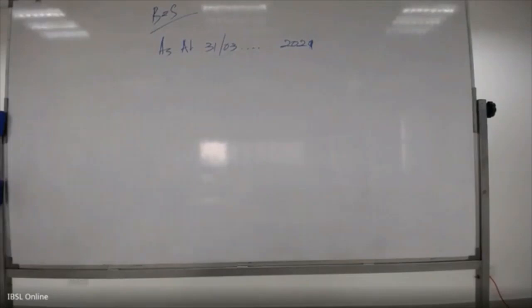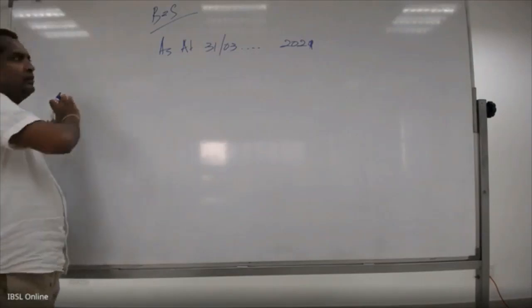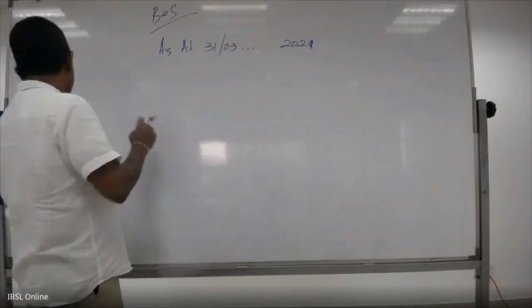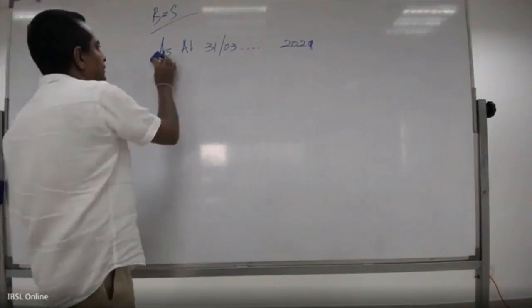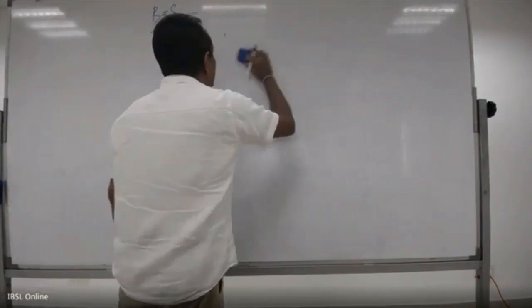Balance sheet is for a day. It is a snapshot of how the money of the business has been invested. So the balance sheet is for a day. Then we go.